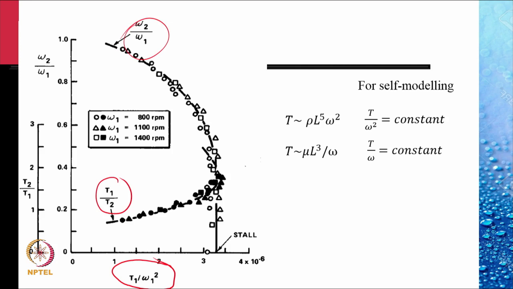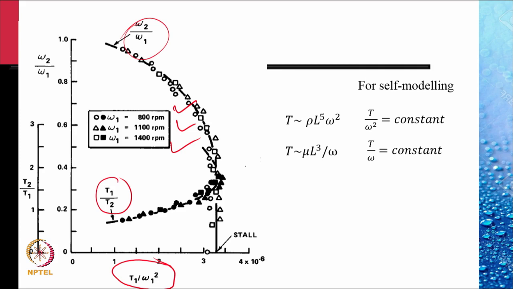At various omega 1s and various values of T1. What does this show? This shows that T divided by omega squared is constant, is the correct modeling rule for the self-modeling test.